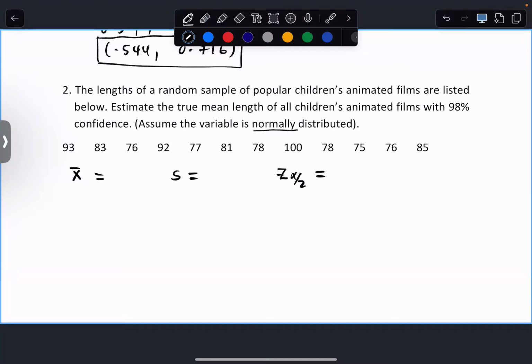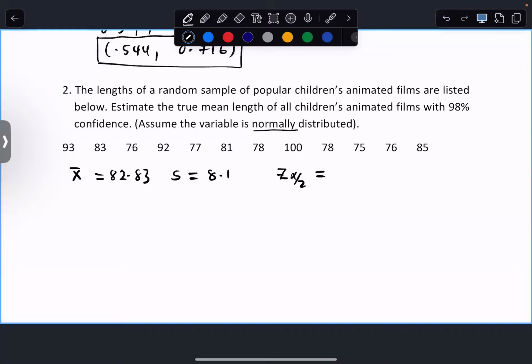To find this, we use our calculators, or Excel, to calculate these values. You get X bar to be 82.83, and then S will be 8.12. Z alpha on 2. Okay, so it should be T, sorry.